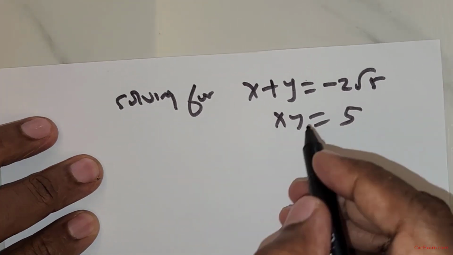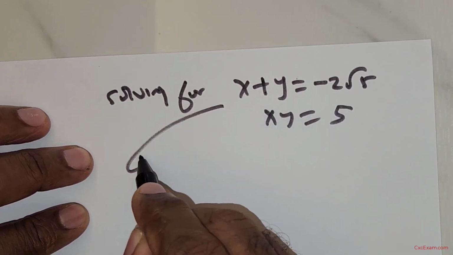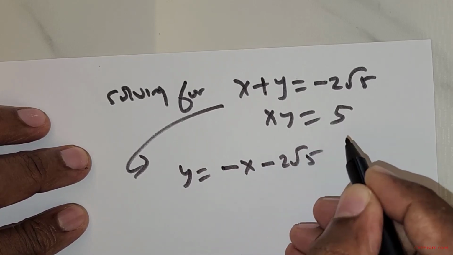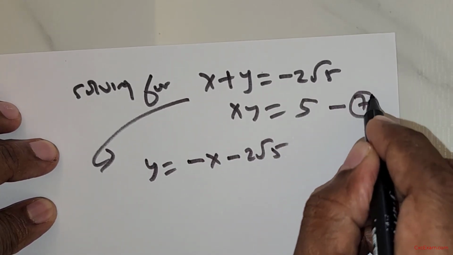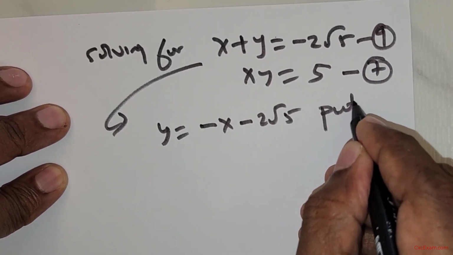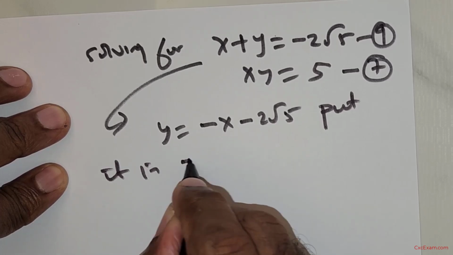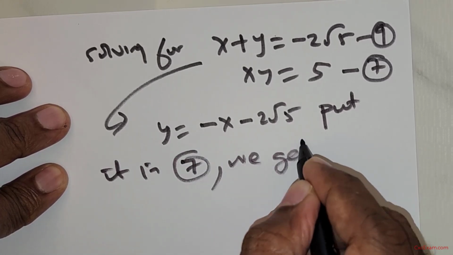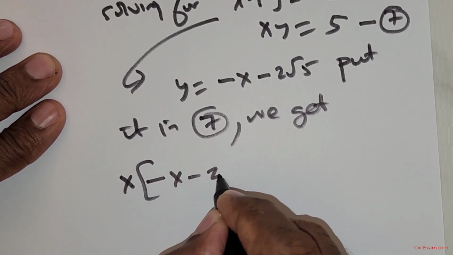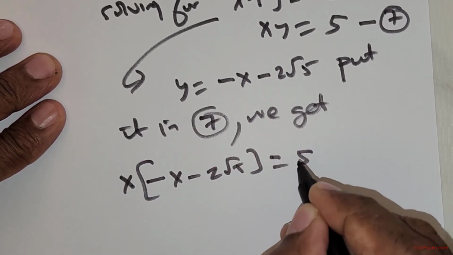Okay, so from here you would have y is equal to negative x minus 2 times root 5. So if you take this as 9 and put it in 7, what do you get? x times (negative x minus 2 times root 5) is equal to 5.